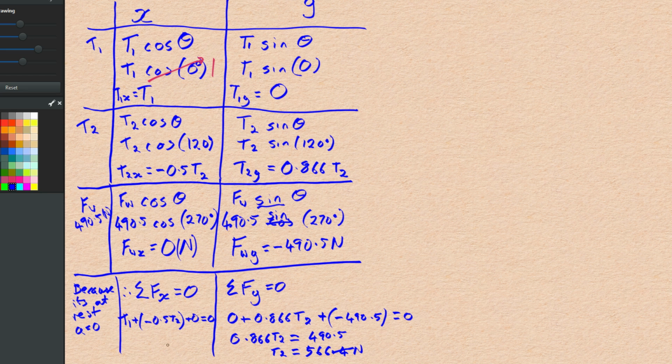But now that I know T2, I can use T2 over here. I'll rearrange it first. T1, add a half of T2 to both sides is equal to 0.5 lots of T2, which is 0.5 lots of 566, which is equal to 283 newtons.